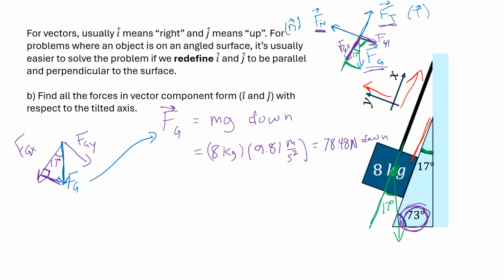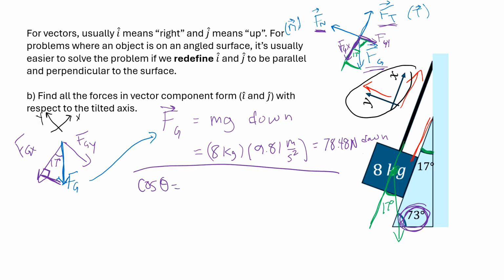But we do want to be very mindful of our axes, right? If this is x and this is y, our FGX is pointing opposite to the x direction, and so it has to be a negative value. The raw trigonometry here: cosine theta is adjacent over hypotenuse.